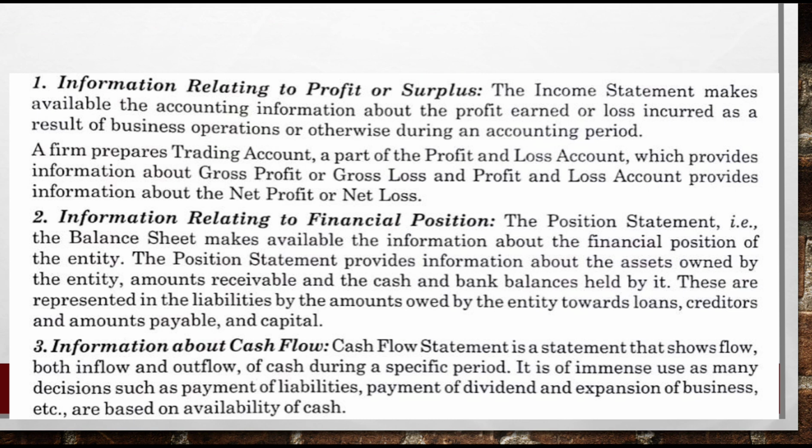Freight inward, freight means transportation, meaning the carriage for bringing raw materials inward. These are considered purchases. So these are considered direct expenses, which are recorded only in this trading account.